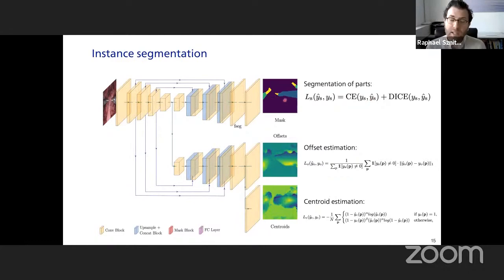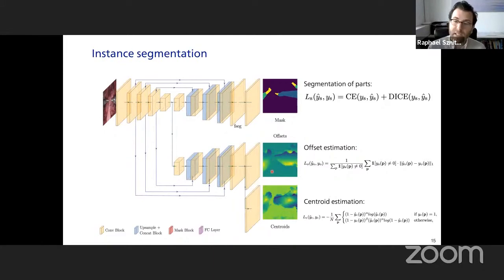This works out well. But then what we're also going to do is try to estimate two other quantities that are related and actually help with the optimization process. And that's the offset estimation. Meaning for every pixel in an image, we want to know how far in Euclidean distance it is from the centroid of the instrument it actually belongs to.